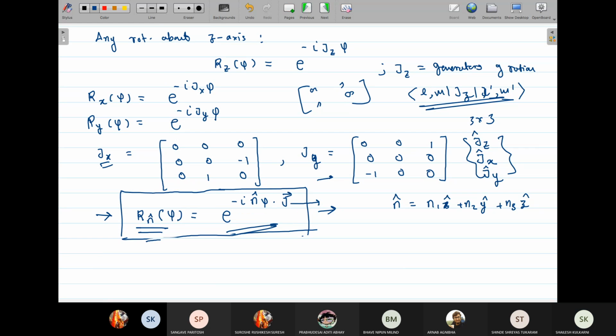And that can be achieved by looking into the infinitesimal Lorentz transformation. Why am I able to go from infinitesimal to finite? Because the proper Lorentz transformation is continuous. One can start from the identity and go to any Lorentz transformation from the identity.